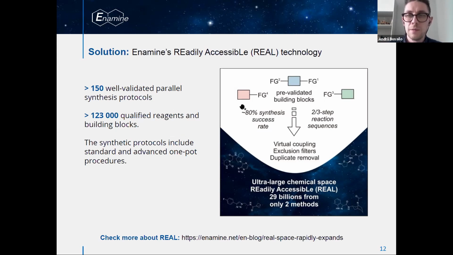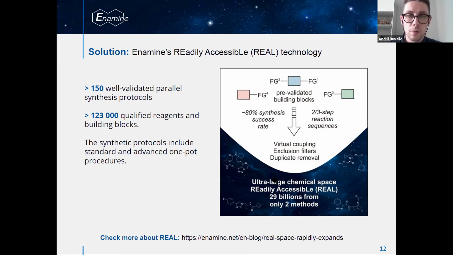So if a computational strategy is applied, like for example virtual screening on this data set, there is much less risk that the compounds are poorly synthesizable.